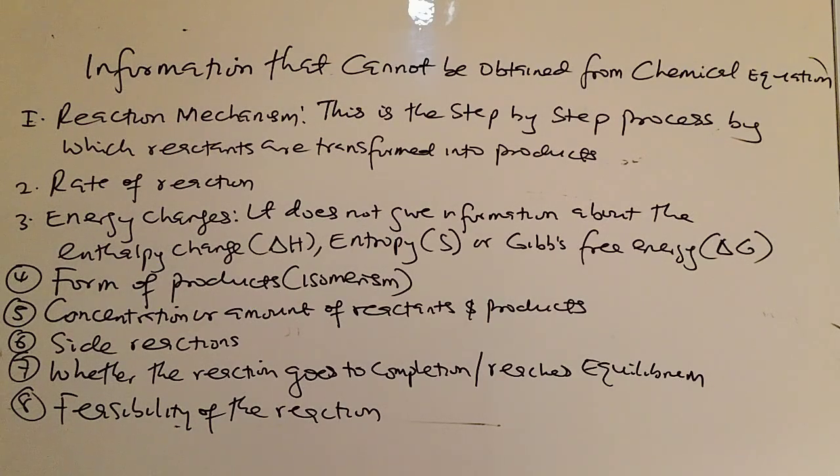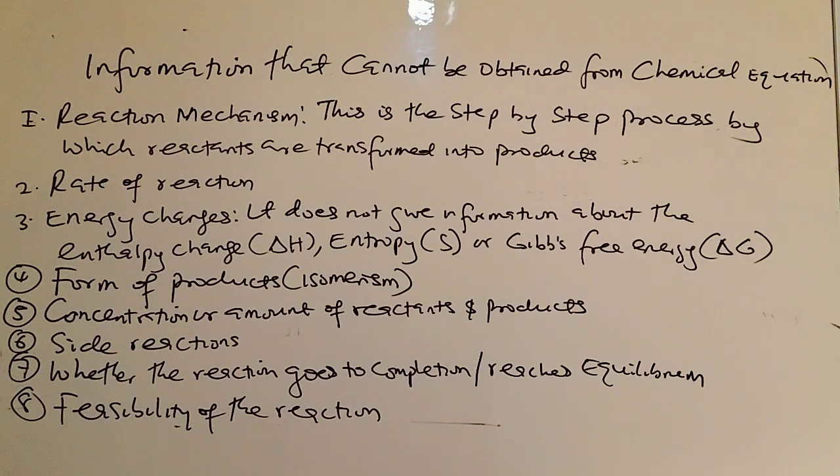When butene and chlorine molecule react, we may have a product like 2,3-dichlorobutane. Someone might feel that it could be 2,3-dichlorobutane, while another person may feel that it may be 2,2-dichlorobutane or 3,3-dichlorobutane. Which of them is the correct form? You cannot get it from a balanced equation unless you start moving into structural formulas.